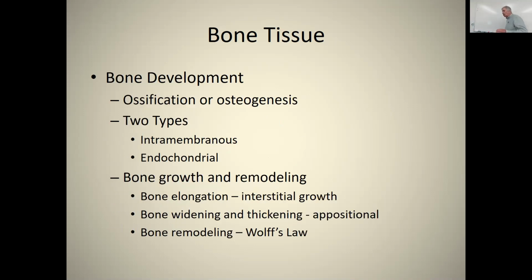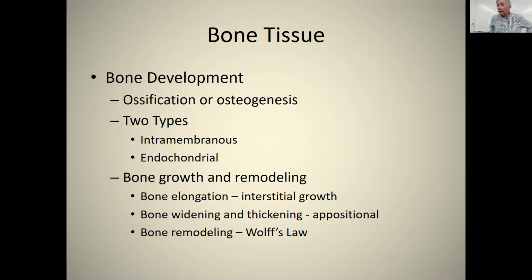So bone development, ossification and osteogenesis, two types, intramembranous, endochondral. Endochondral is from hyaline cartilage. Intramembranous, I think, is from fetal connective tissue. Most bones are endochondral.